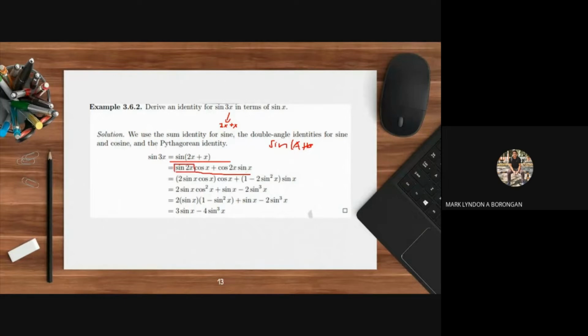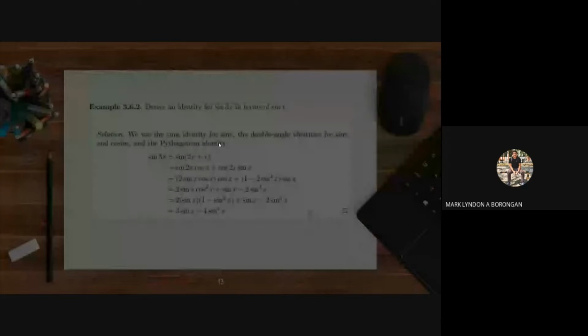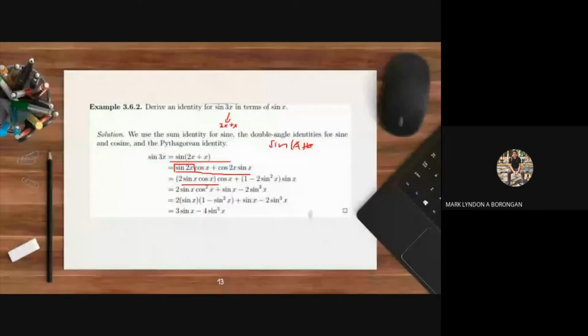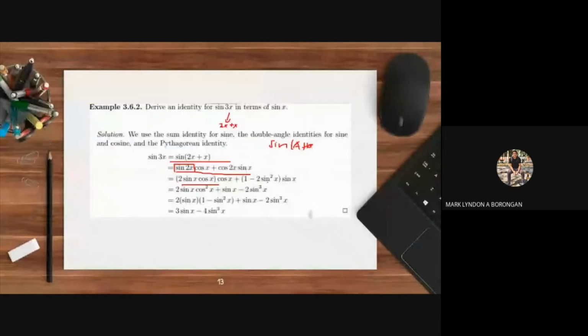Atong sine of 2x is just 2 sine A ug cos A. So 2 sine x cos x dara. 2 sine x cos x copy lang ang cosine. Okay? And then atong cosine of 2x diari mahimo siyang 1 minus 2 sine squared of A. Tara. So 1 minus 2 sine squared of x lang siya.